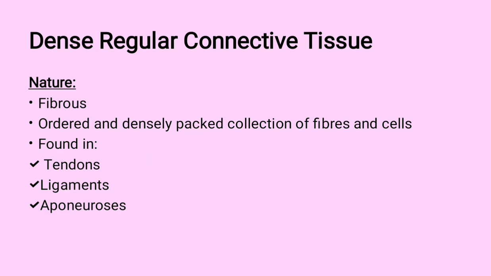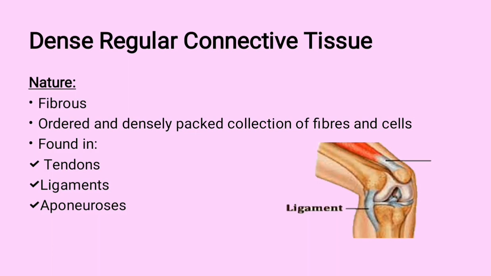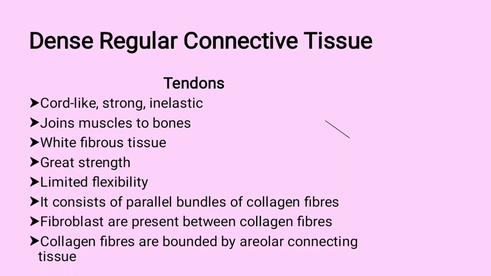Now, our second type of connective tissue is dense regular connective tissue. It is a fibrous connective tissue. It is characterized by ordered and densely packed collection of fibers and cells. Dense regular connective tissue is the principal component of tendons, ligaments and aponeurosis. Let's first talk about the tendons.